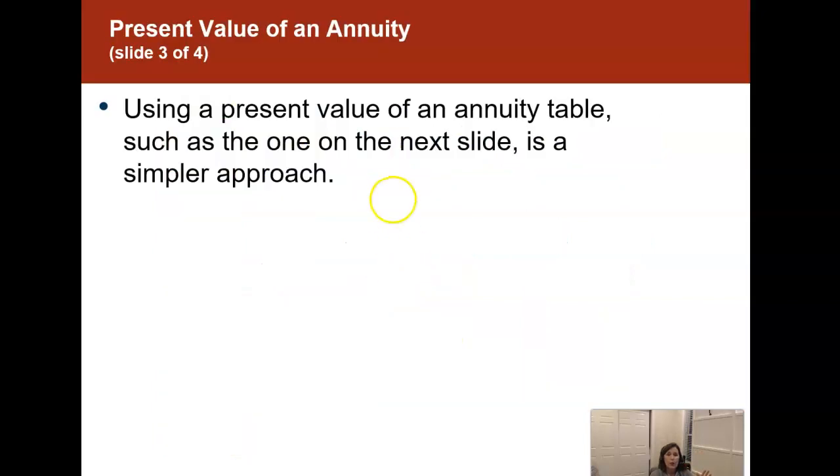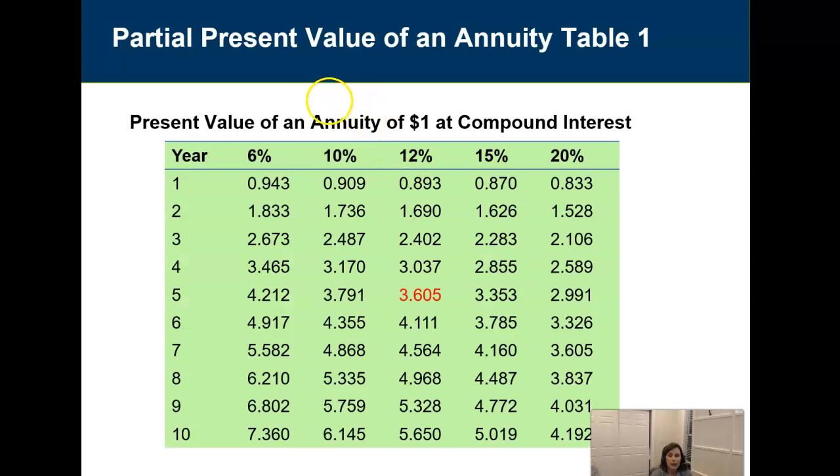So we use instead what's called an annuity table. And it looks just like the present value table. And that's probably the thing that students who use tables as opposed to a financial calculator get jammed up most on, is they grab the wrong table. So notice this says present value of an annuity.